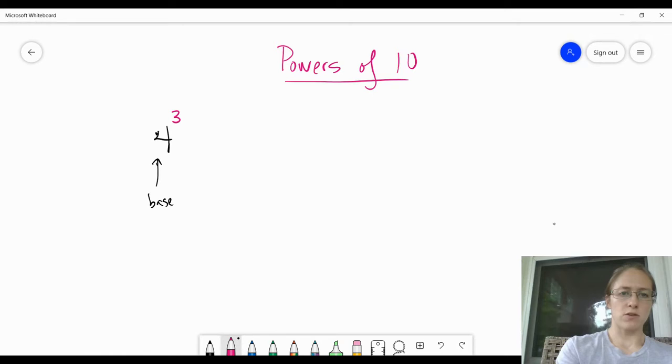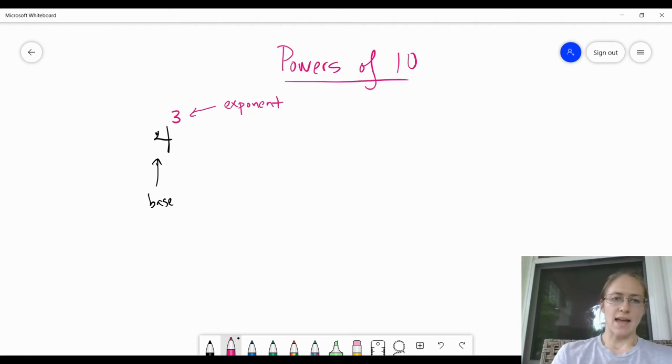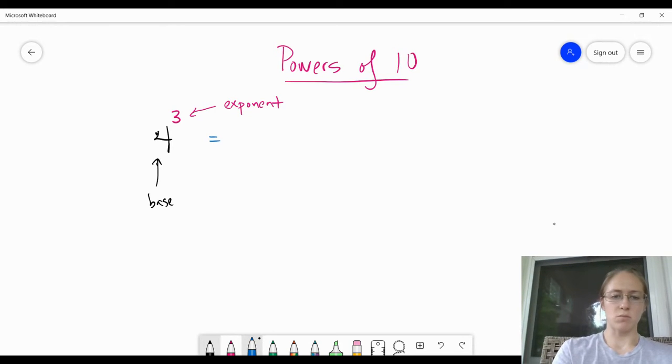And the little floating 3 is called the exponent.